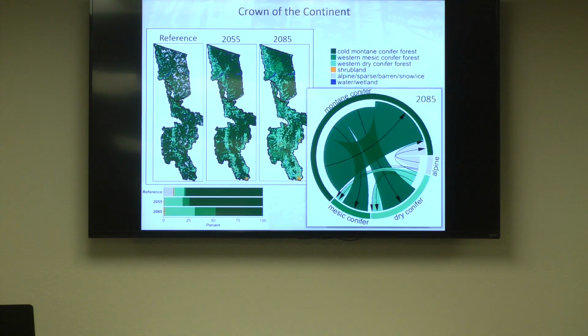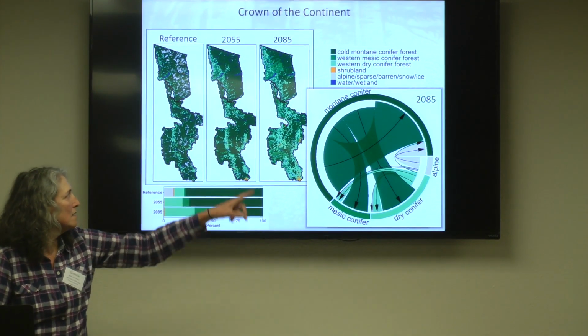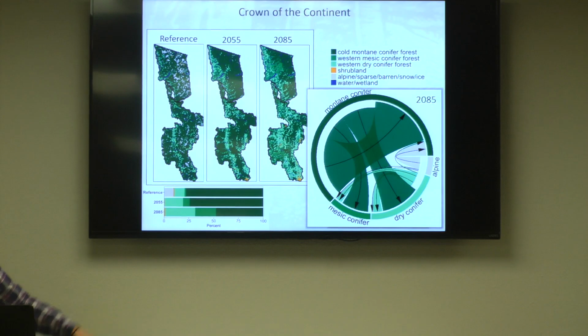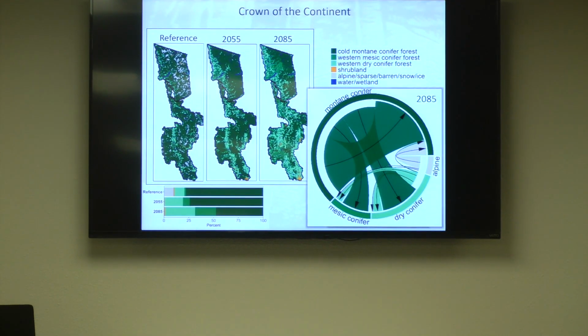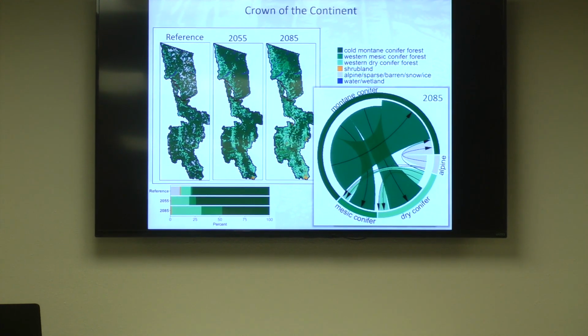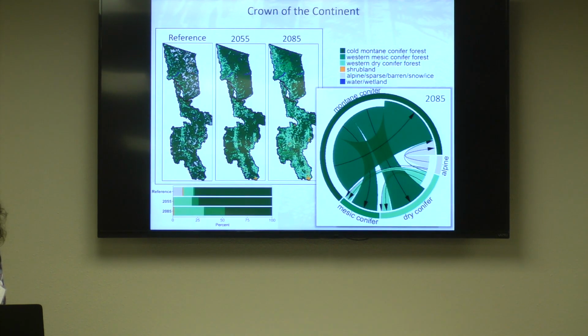So alpine transitions to montane conifer. And these two big dark green swaths that come from montane conifer go to largely mesic conifer or dry conifer. So you can kind of look at the amount of change that each of these transitions represents.